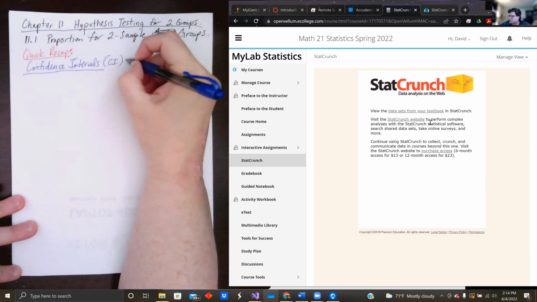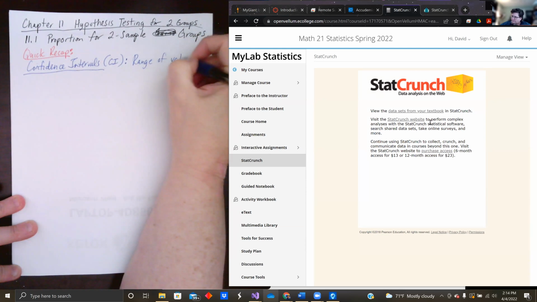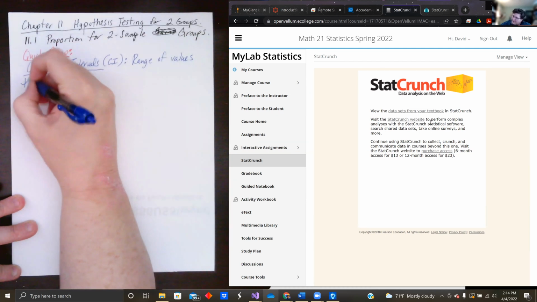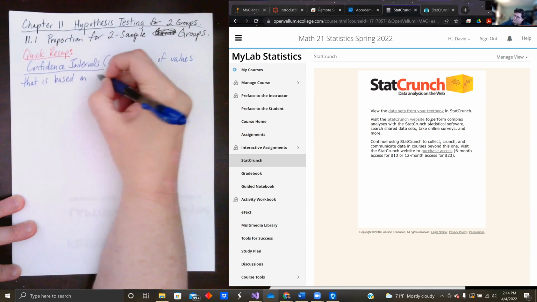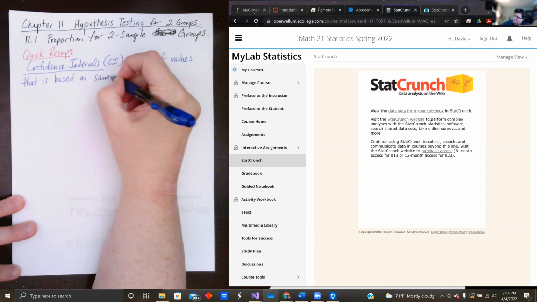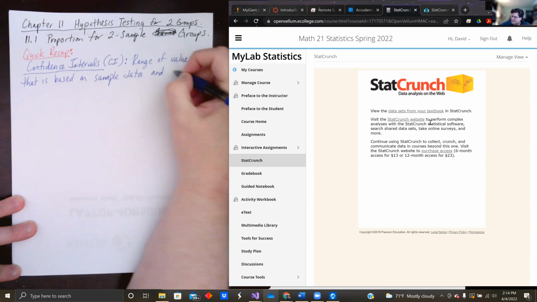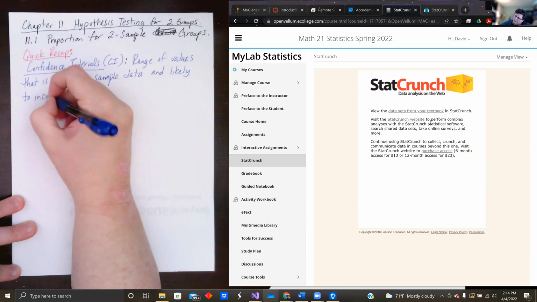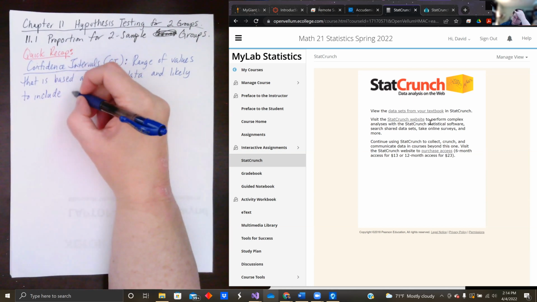In words, it's a range of values that is based on sample data and is likely to include an unknown population parameter.